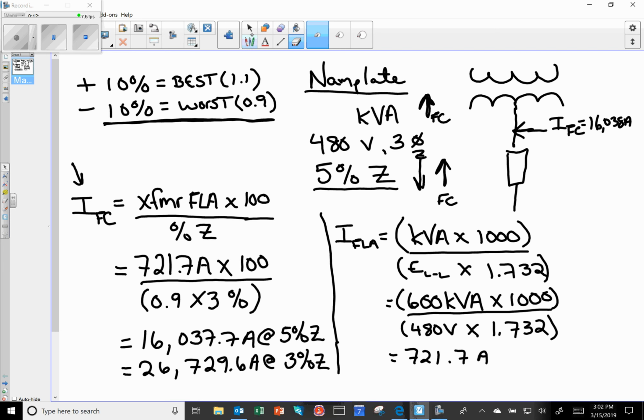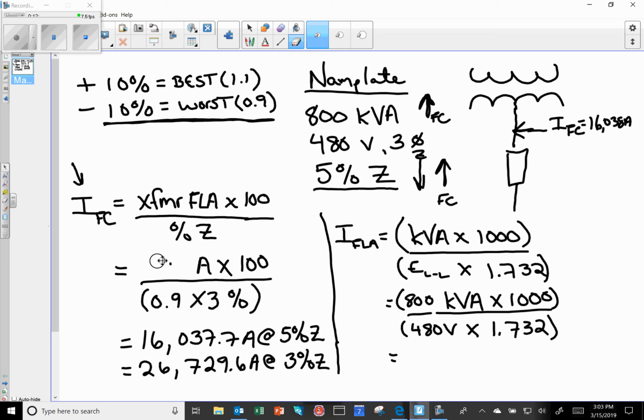So now we have 800 kilovolt amps, which is going to change our full load amps. So instead of 600 here, we have 800. And if we calculate that out, this is going to change here.